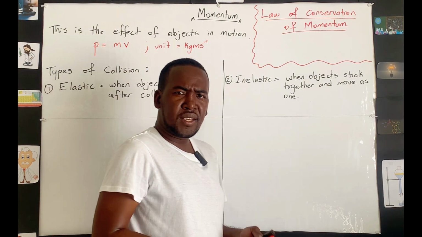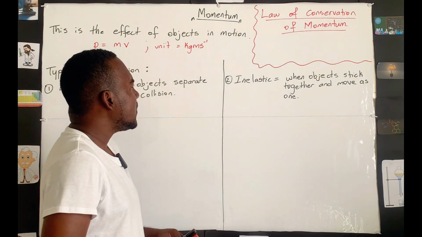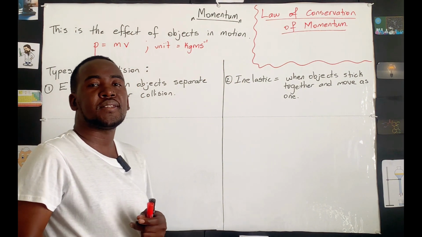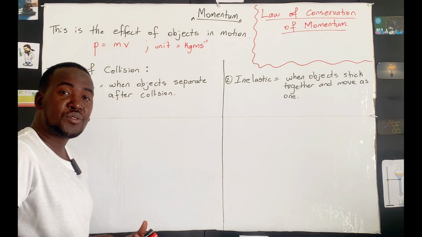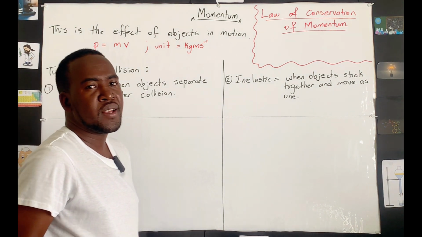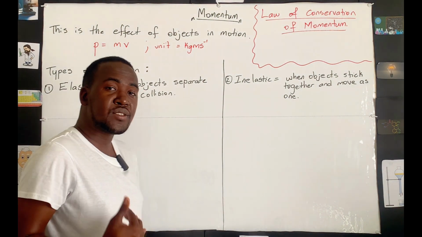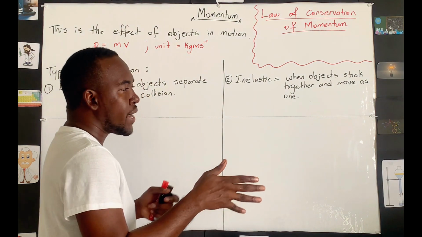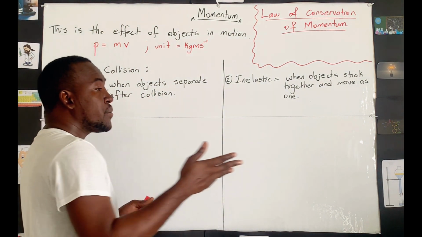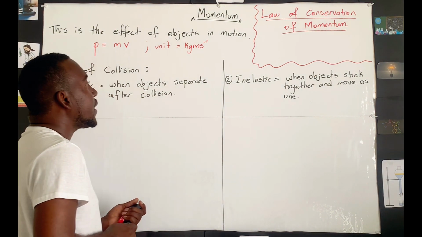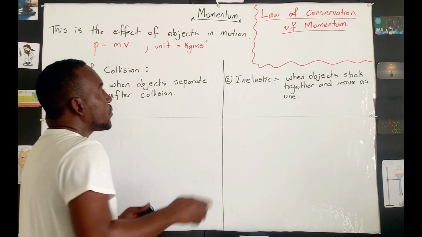Right? Now, a thing to note about momentum is that it is a vector quantity. And what does that mean? It means that it will have a direction. So if we say an object is driving to the right, it has a momentum that is towards the right direction, which signifies a positive direction.